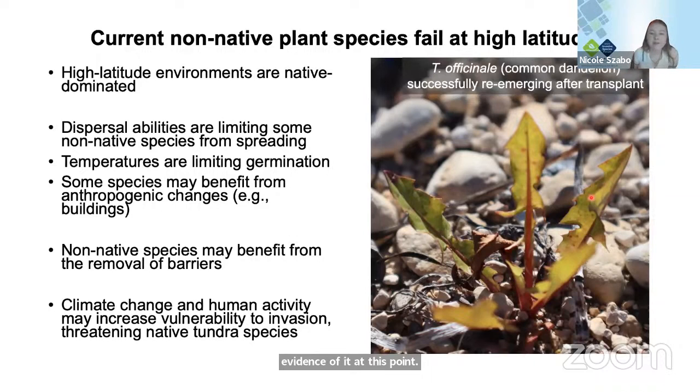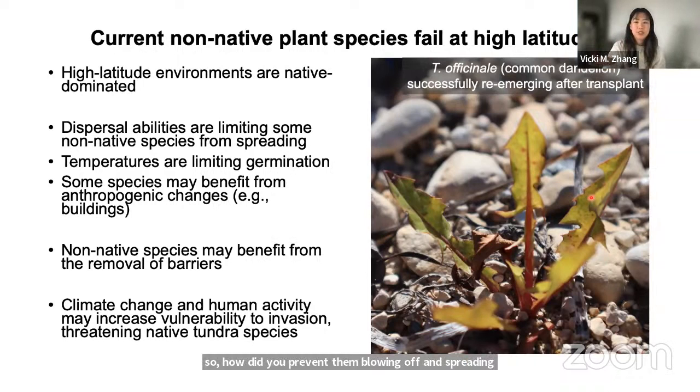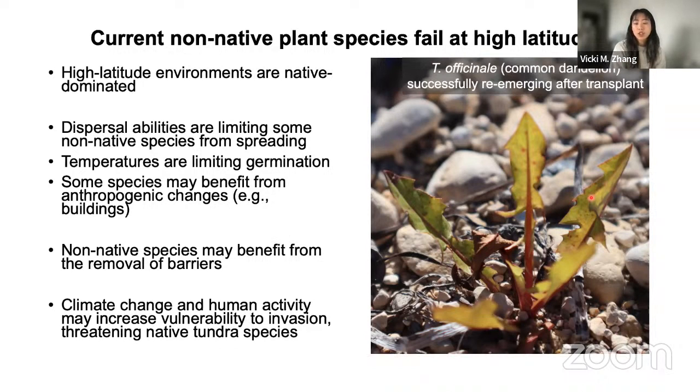Okay, we have time for one more question. Are there dandelion flowers in introduced areas? If so, how did you prevent them blowing off and spreading? I'm assuming by introduced areas here, you mean the sites that we transplanted them, so into the boreal and tundra. We are checking them daily, so we are monitoring everything from growth to flowering to seed production.